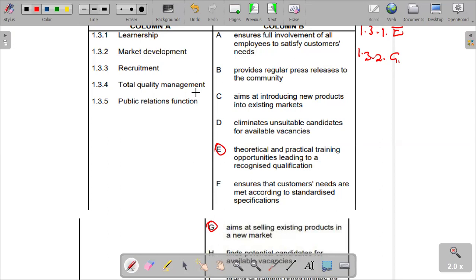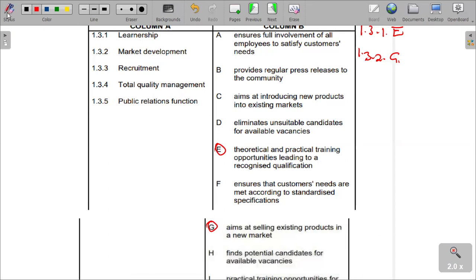Next question, recruitment. What is recruitment? In this case, from the possible options that are there, recruitment basically has to do with hiring employees, finding new employees to fill in vacancies.